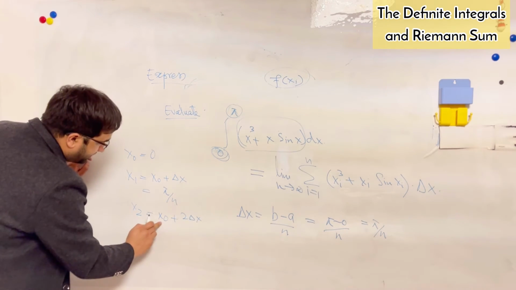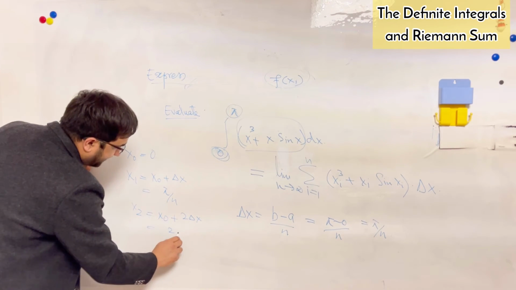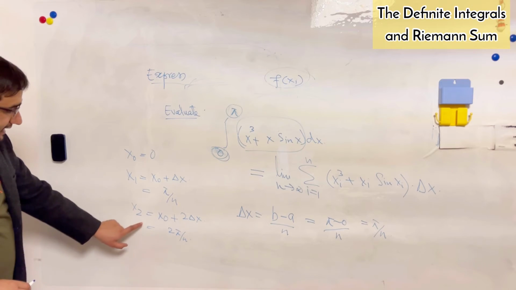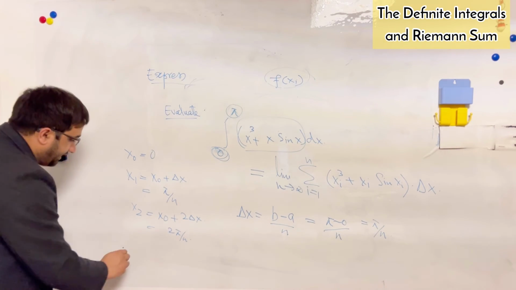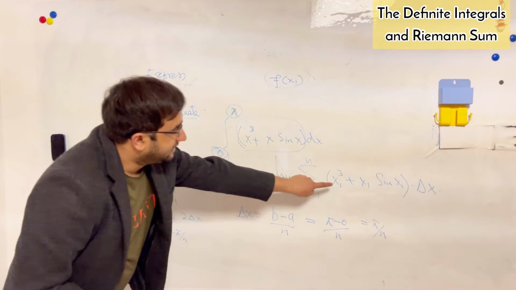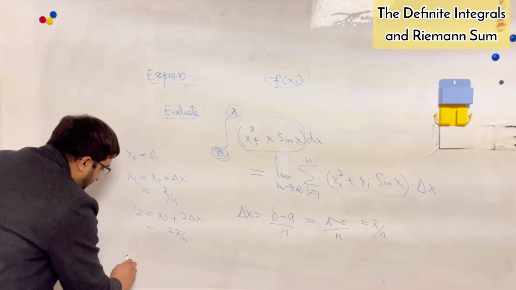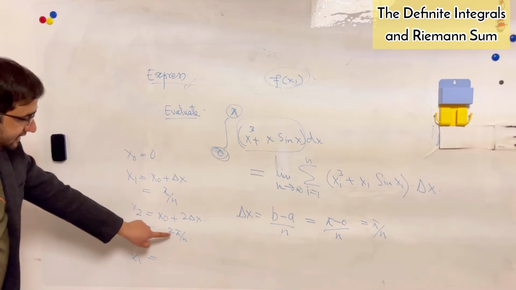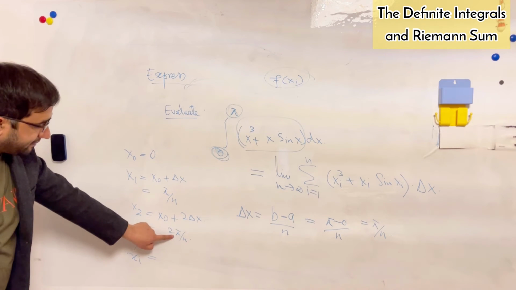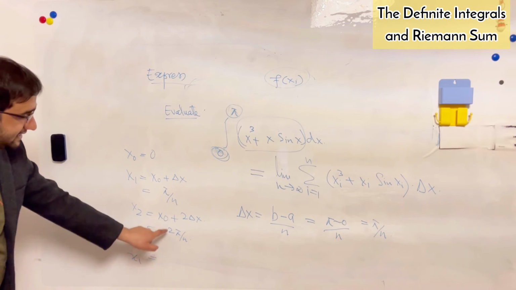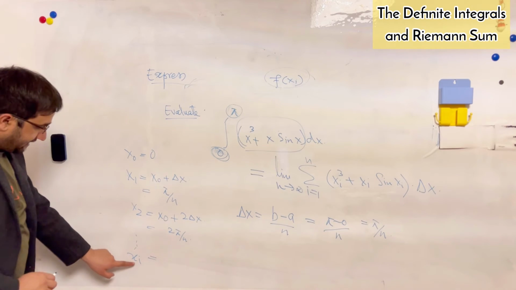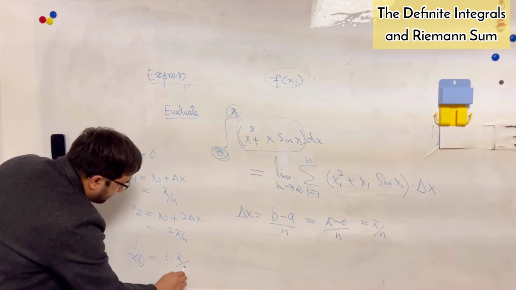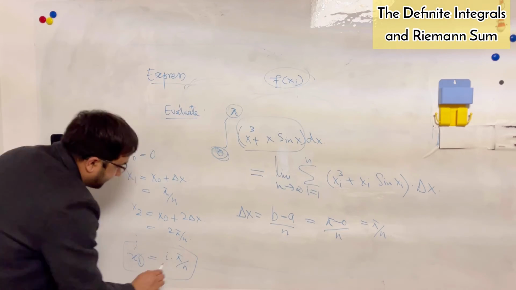So it will be 0 plus 2 pi by n. So you can see x1 is 1 pi by n, x2 is 2 pi by n. If you are talking about xi, so xi will be what? Whatever is the subscript, this number will be the same. So you can say if this number is i, then it will be i pi by n. So this is your xi.